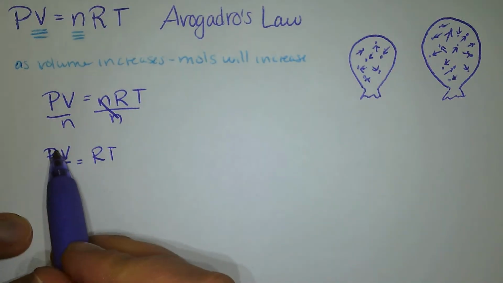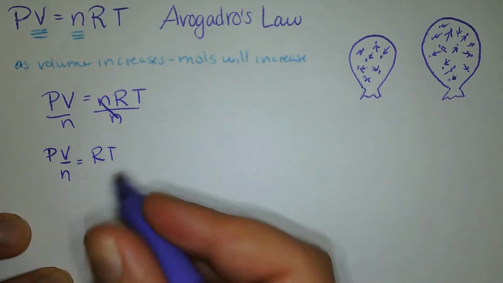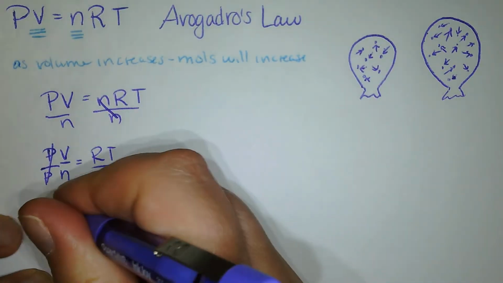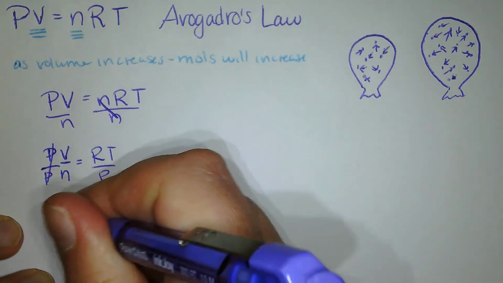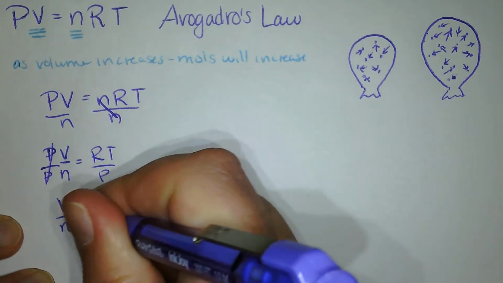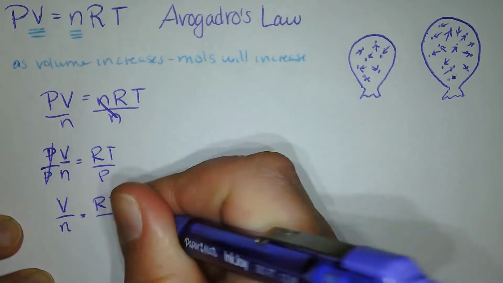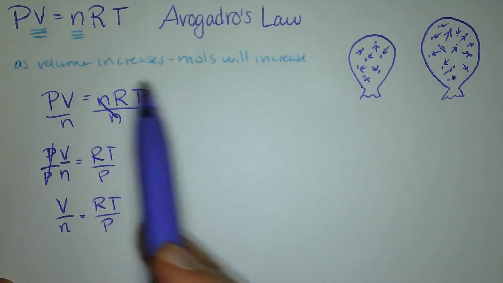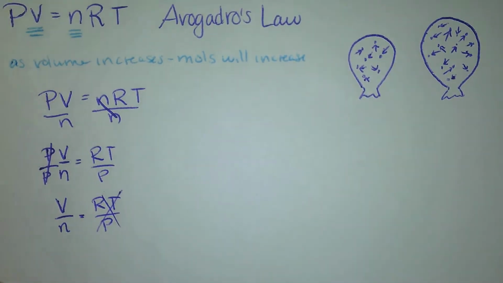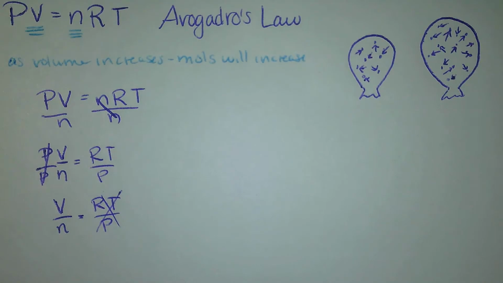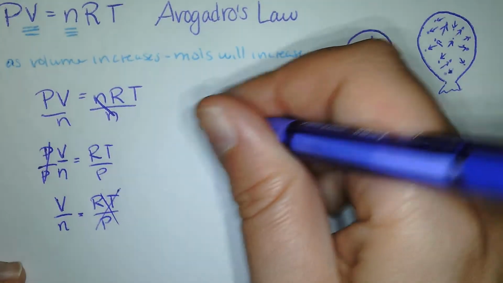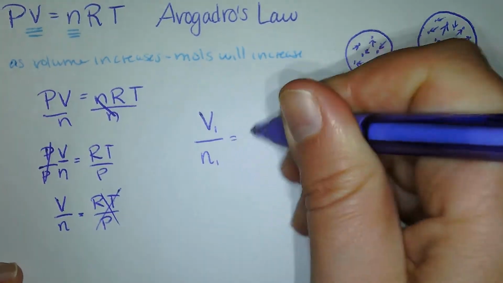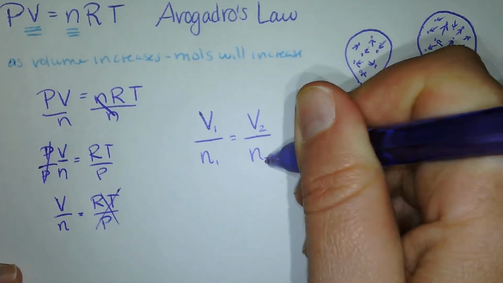And now we have to move the P over to this side, and let's divide away the P. And there we have volume over moles equals RT over P. Okay, so once again, we're just comparing volume and moles. So these are all remaining constant. So our official formula for Avogadro's law is V1 over N1 equals V2 over N2.